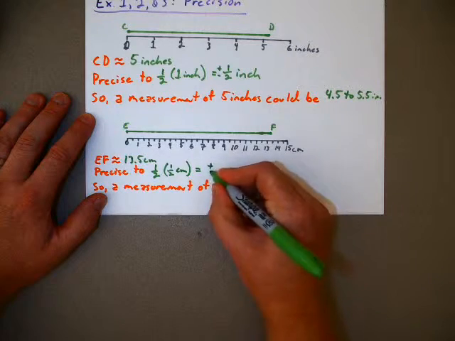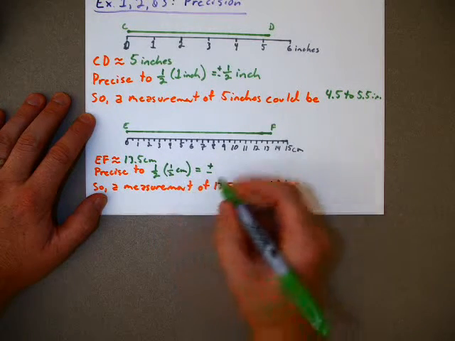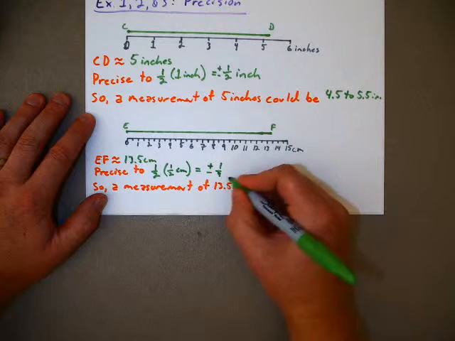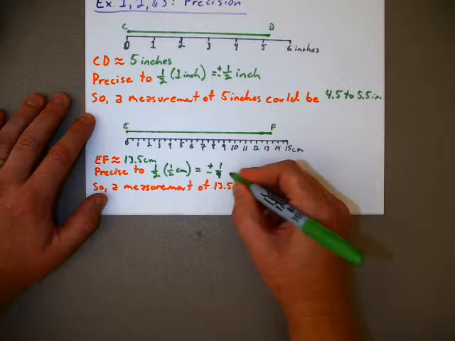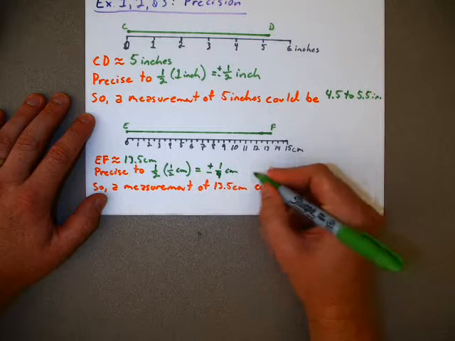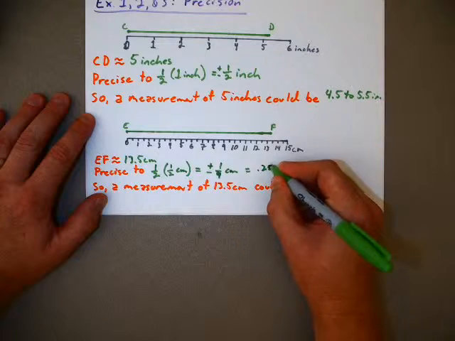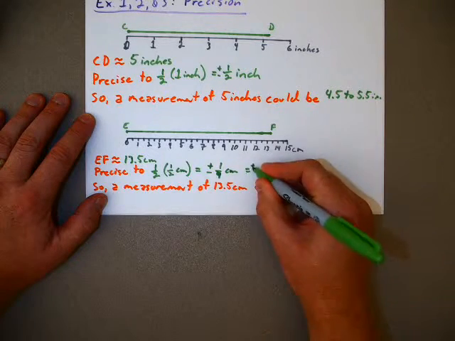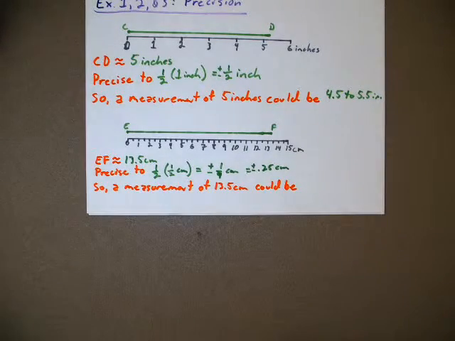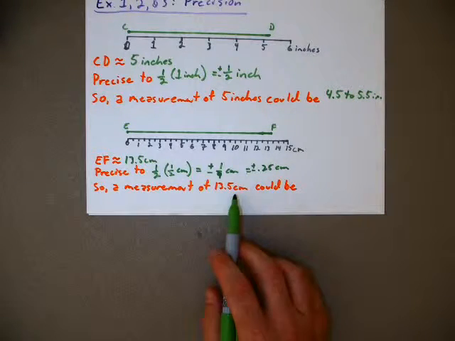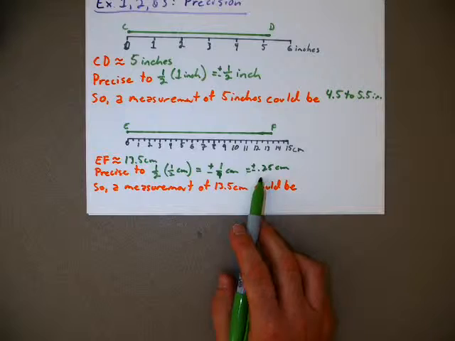So this is going to be plus or minus 1/2 times 1/2, which is 1/4 of a centimeter, or we know that equals 0.25 centimeters. So I'm going to take my 13.5 and subtract 0.25 from that.